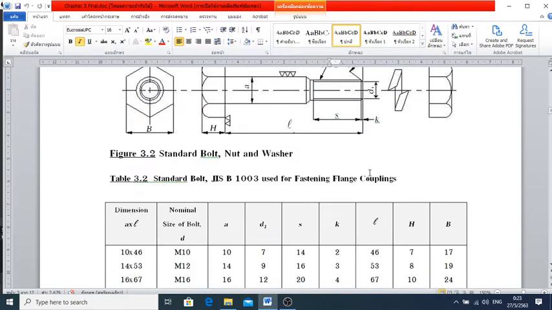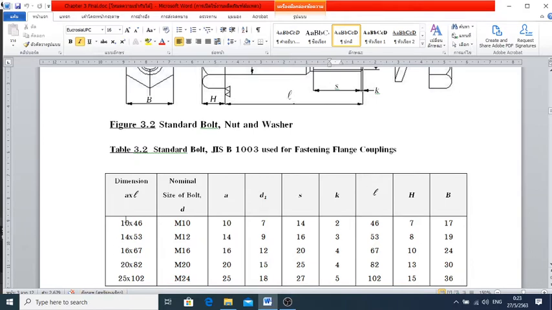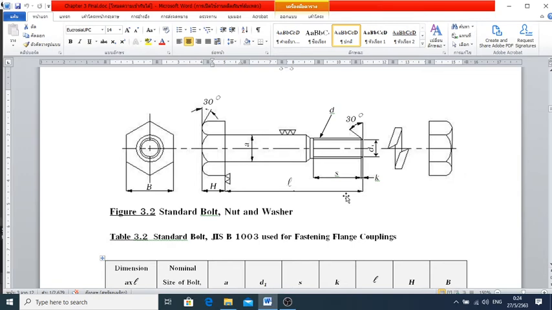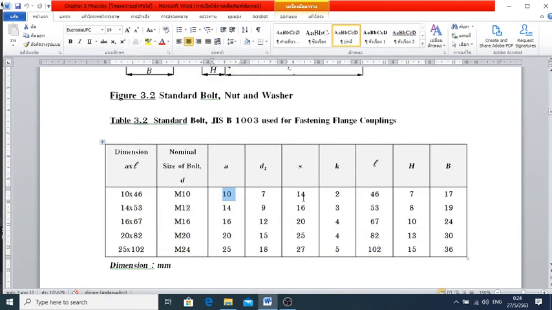So for the names of it, for example, the first line there, the smallest one, 10 times 46, means the hole there is 10A. The A is 10. And then D1 is the nominal diameter of the thread. It's different. It means you're going to apply a bolt of M10.